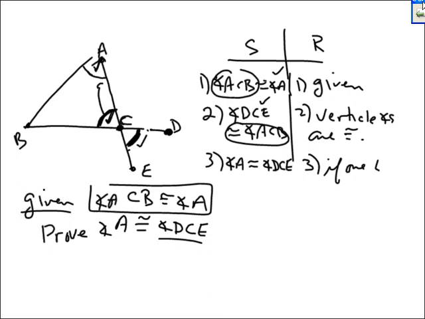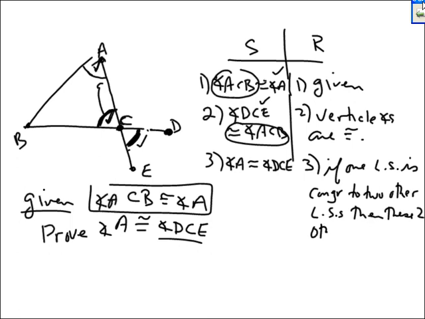If one line segment is congruent to two other line segments, then these two other line segments are congruent. I said it differently earlier.